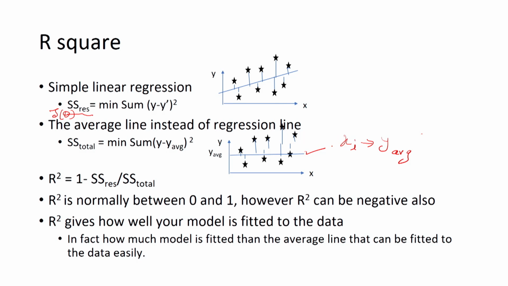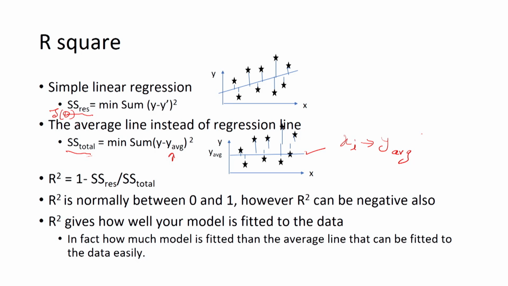So, this is definitely not a good model, but in this case we can define the error term. This is written as SS total. We need to minimize the sum of y minus y prediction. For all instances, we are predicting the response variable value by y average.